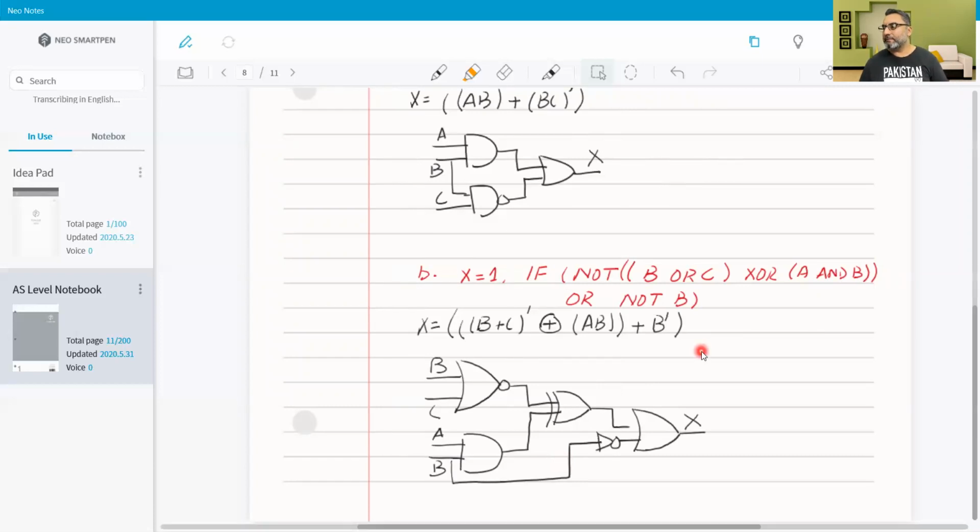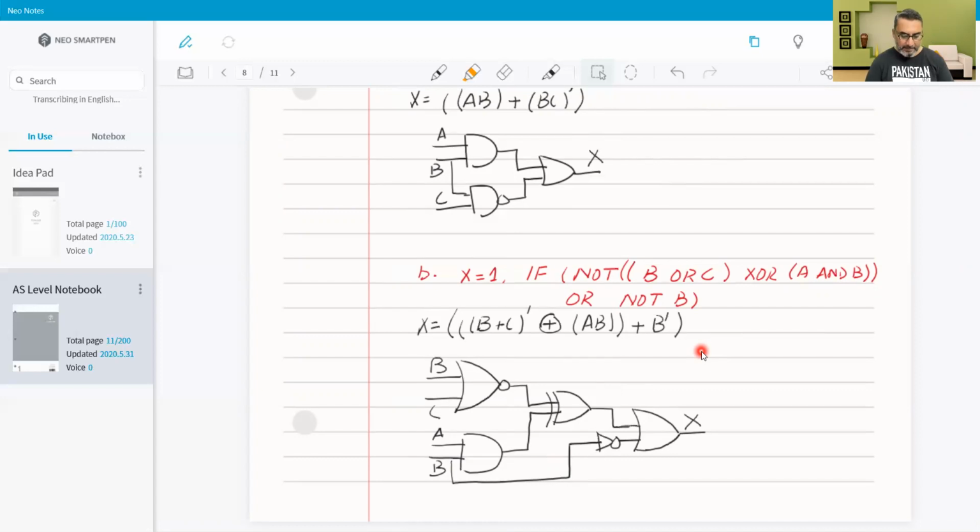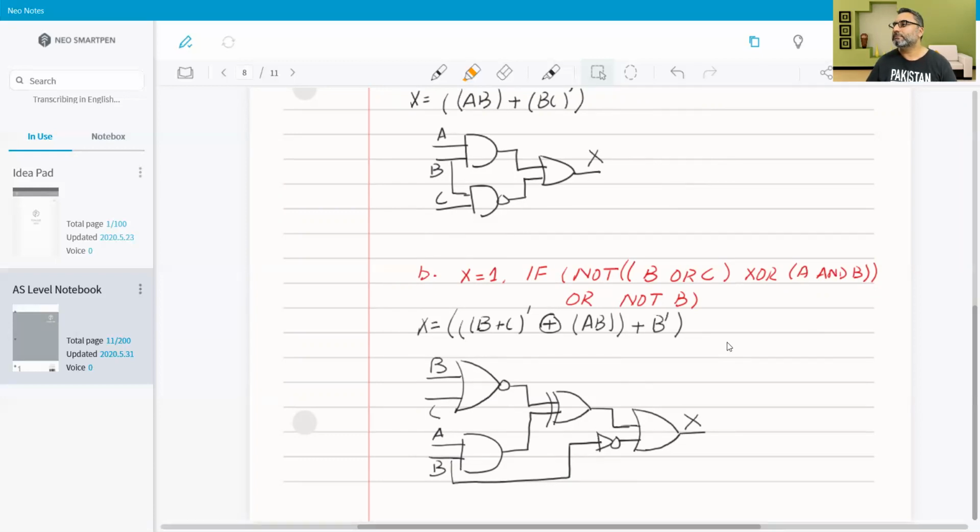This is one circuit done from a Boolean expression. Now, I hope that you can understand this. Remember, I would assert that you should pause this video, practice it yourself, and then go further.